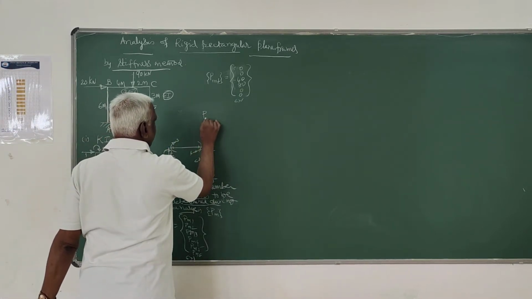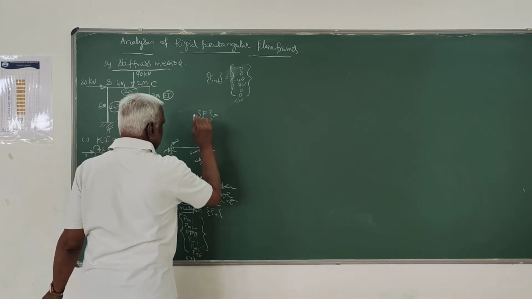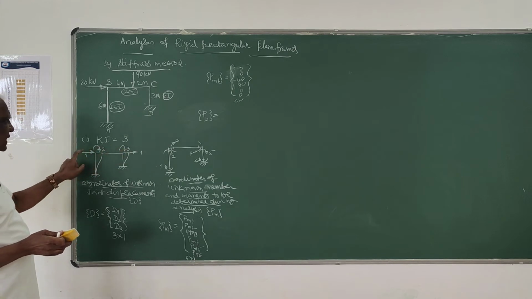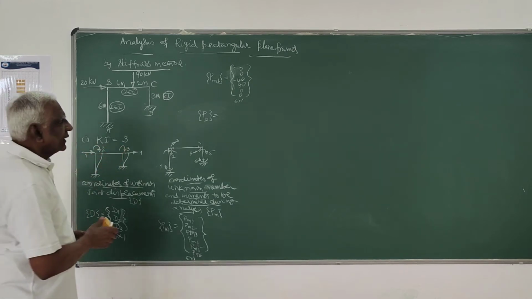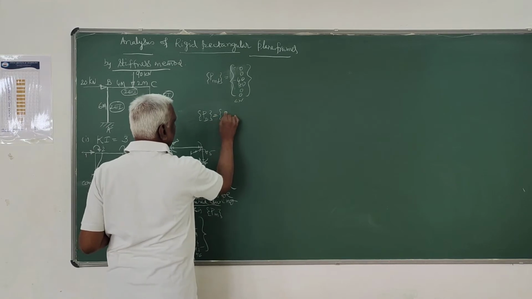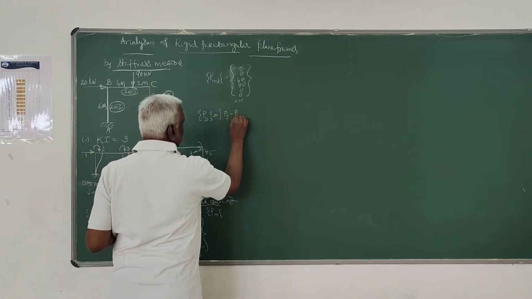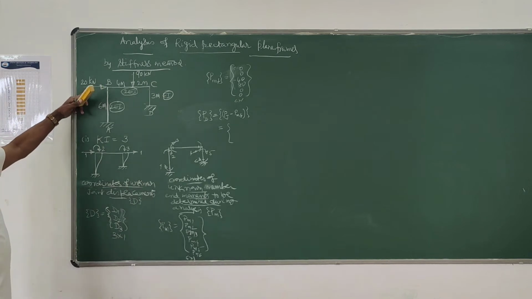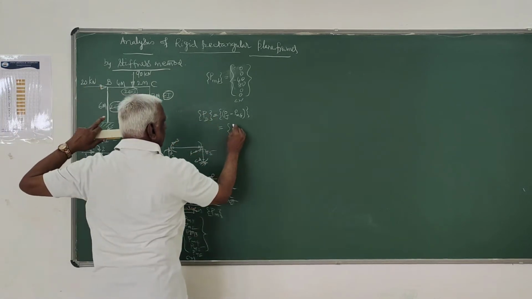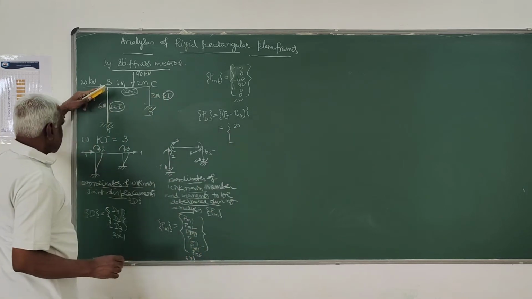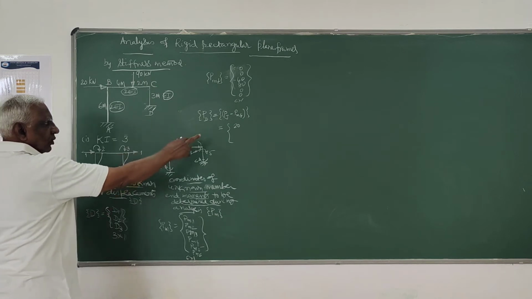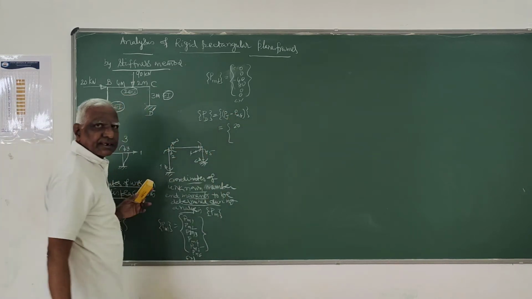Then PD, that is the equivalent joint load corresponding to this kinematic indeterminacy, that corresponds to 1, 2 and 3 coordinates, which is nothing but Pj minus PMF. So corresponding to 1, you have a joint load here, that is 20. Here in the horizontal direction there is no fixed end moment, so it is just 20 itself.